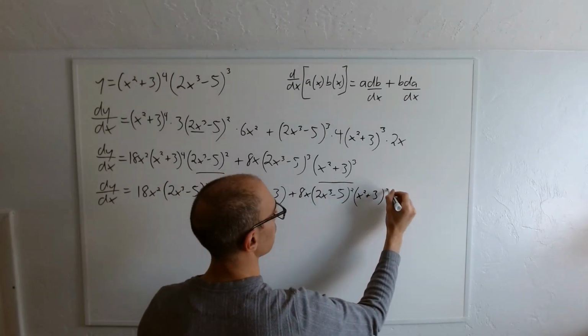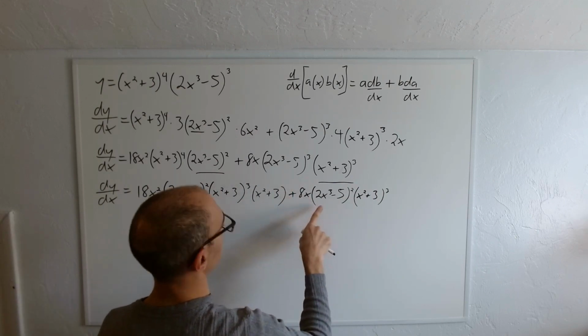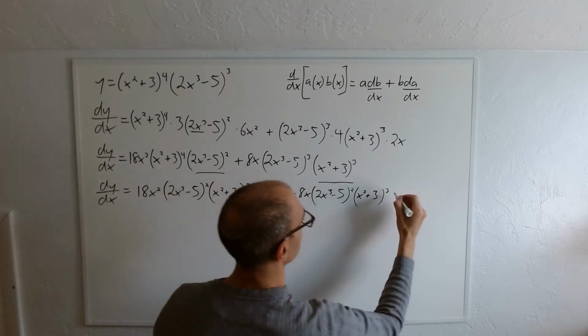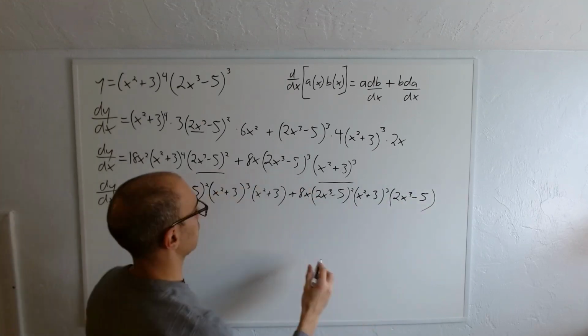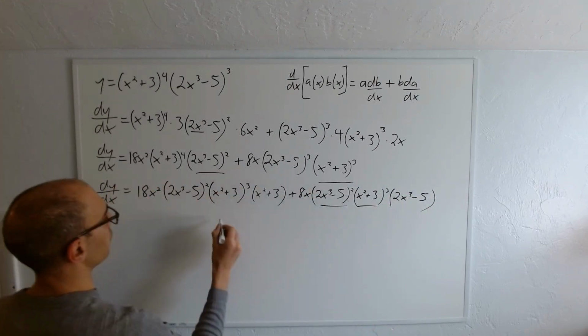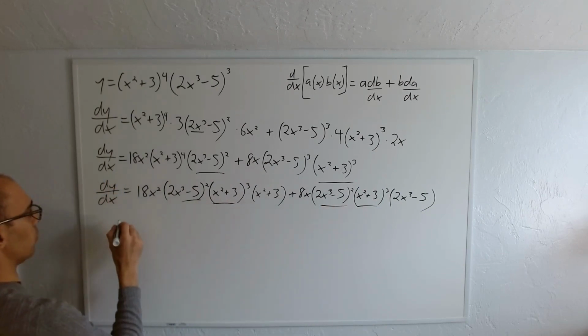And I'm quickly running out of room, but that's okay. We have left over one of these terms, the 2x cubed minus 5. So we now have these terms, and the book factored them over.